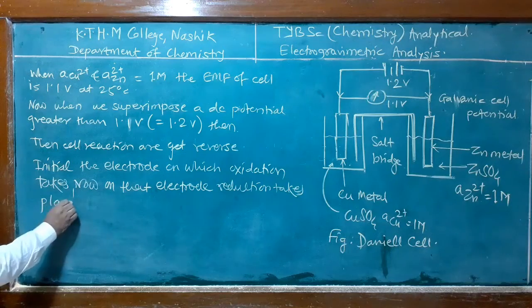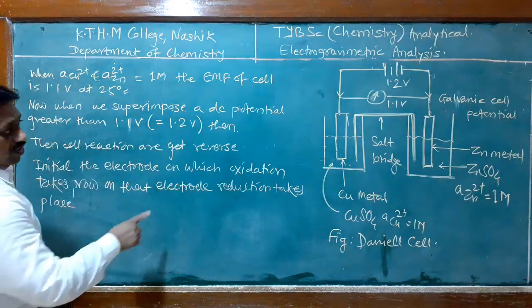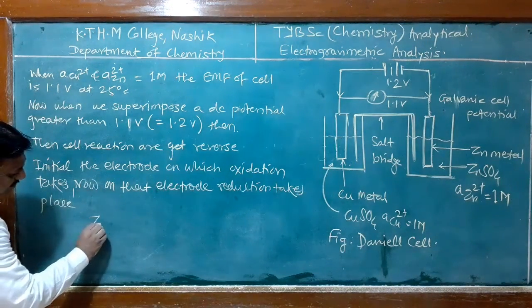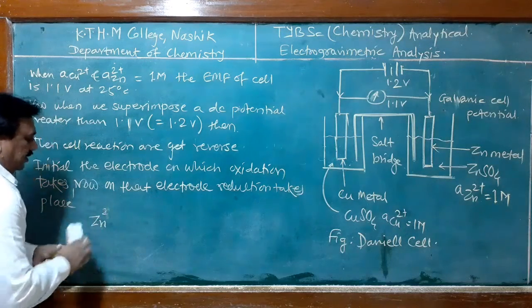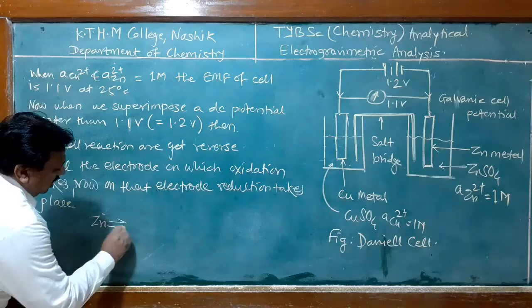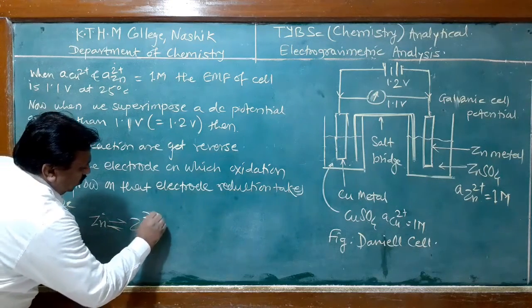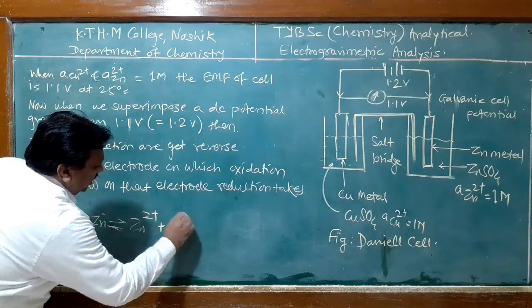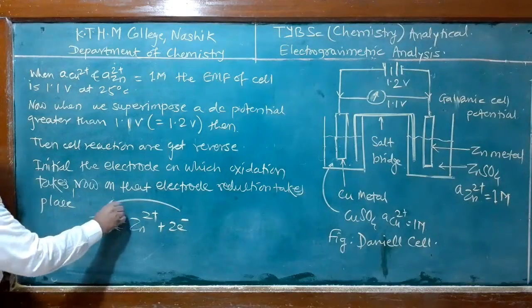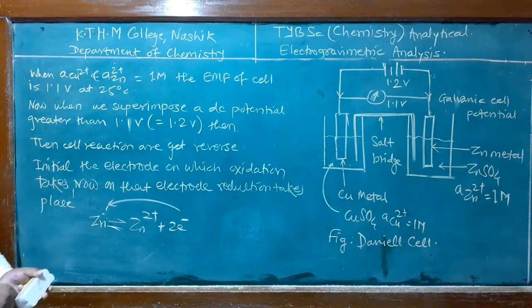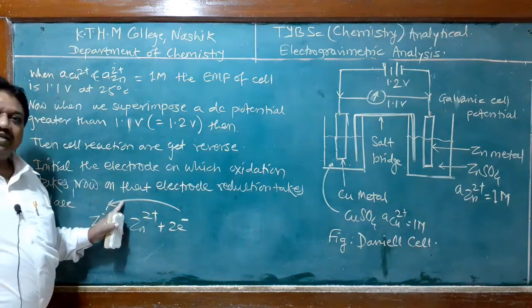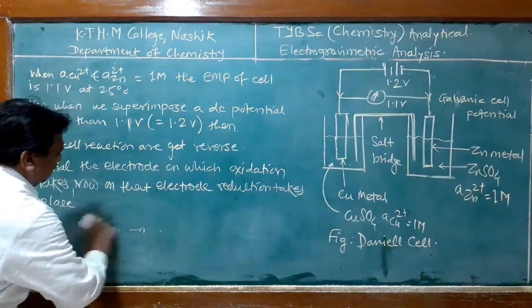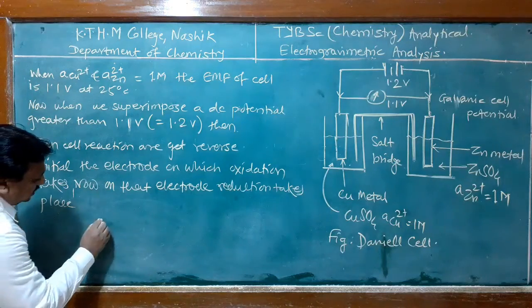Initially, the electrode on which oxidation takes place means zinc gives zinc ion and 2 electrons. Now this reaction is reversed with the application of external potential. Initially zinc is the anode, now it becomes the cathode, therefore the reaction is like this.